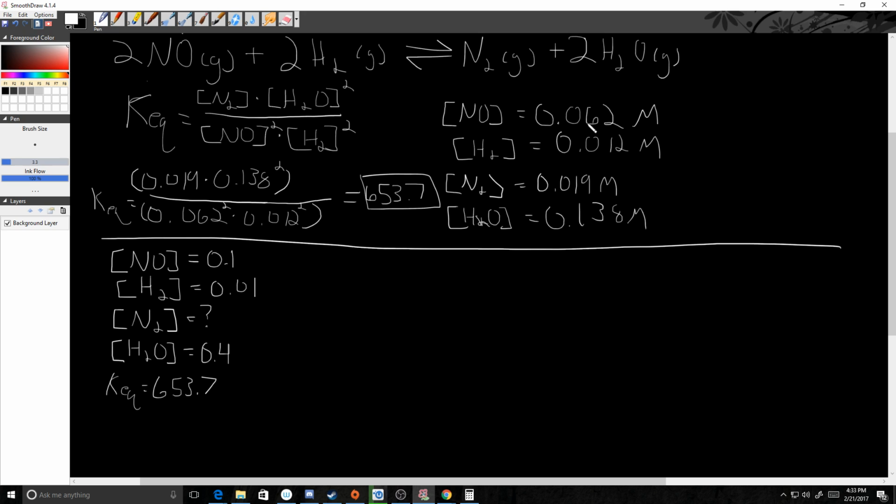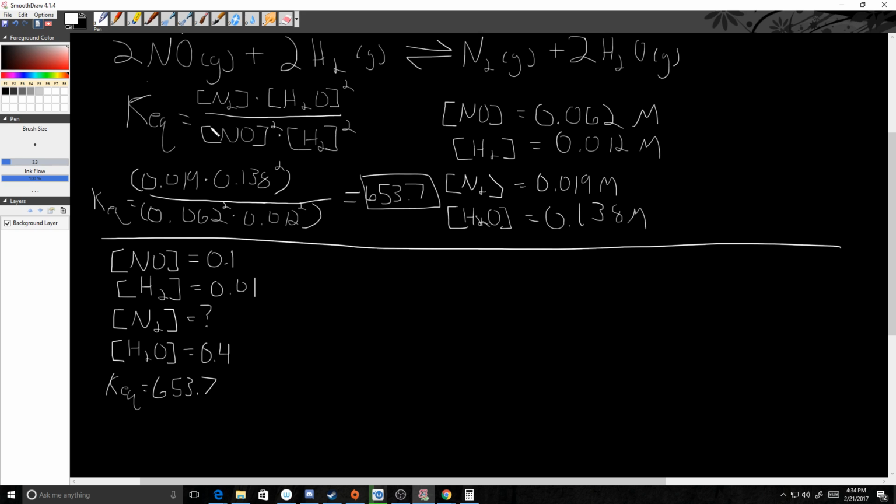Even when we look at the values they got, like 0.062, 0.012, those are the reactants. Products, we had 0.019 for the nitrogen gas. That's not a whole lot. But that is a lot of water that was made, a lot of H2O. And so we can kind of see how we had way more on top than what we had on the bottom. So we changed some numbers around, and we want to figure out how much N2 do we have.